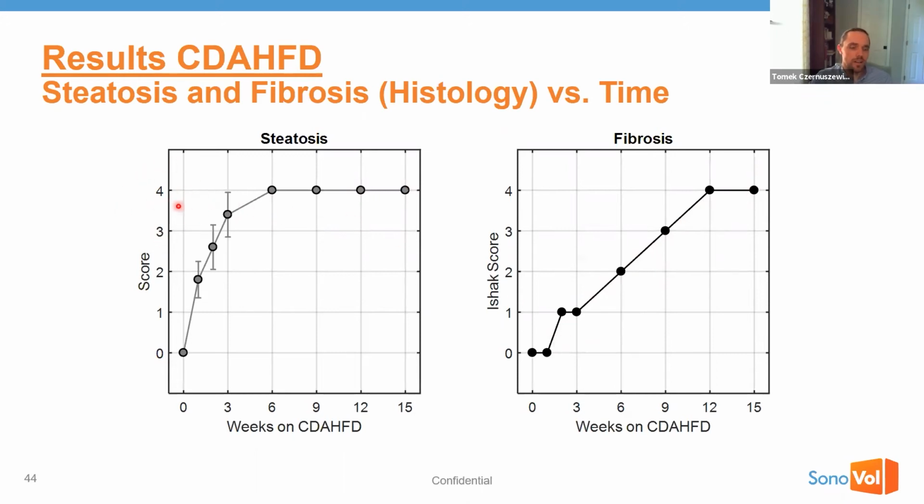For steatosis in this particular study, we actually added a 4th category. Normally the scoring goes S0 to S3, but we realized there was a zonal patterning happening with this particular CDA model, which ended up having a higher level on the imaging metric than was reported. If we didn't have this extra grade, essentially all mice would be S3 by 3 weeks here.